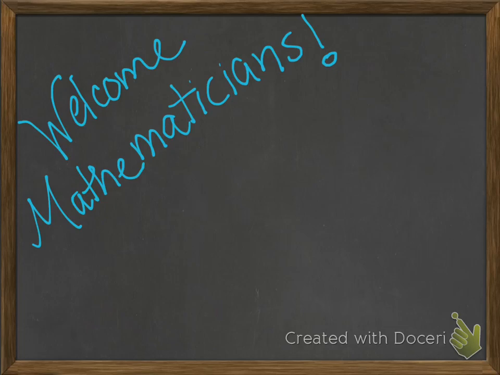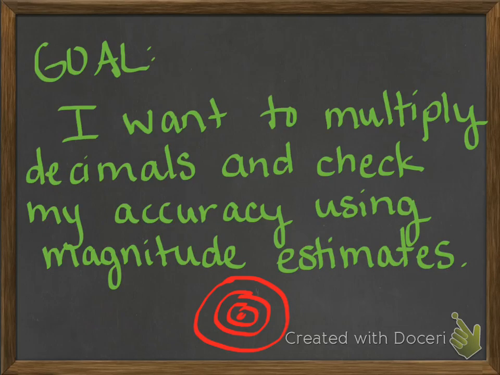You can also pause, rewind, rewatch, whatever you need to make sure you get the skill down. Alright, let's see what we're up to today. Our goal is that we will be able to multiply decimals and check our accuracy using magnitude estimates.